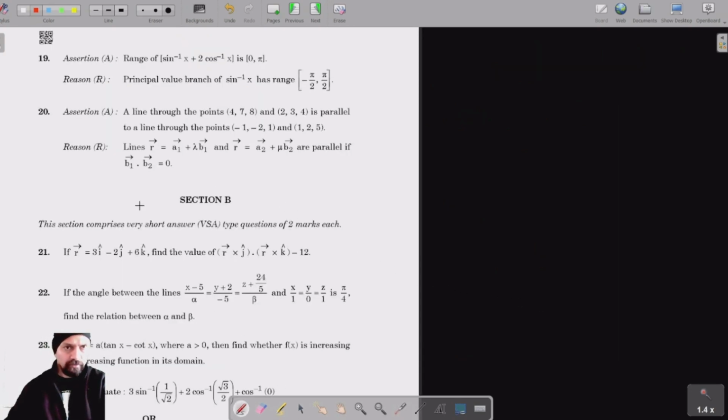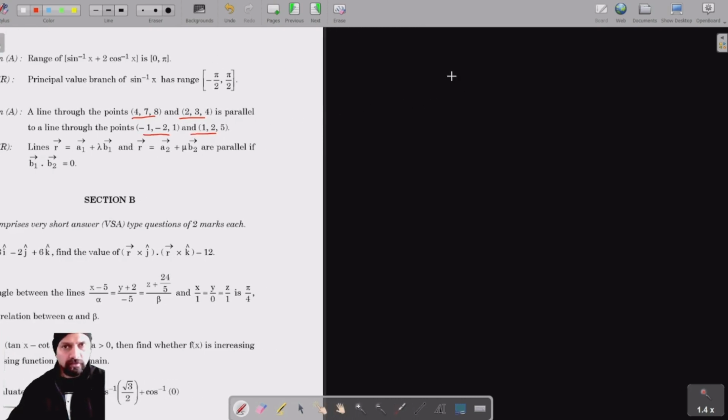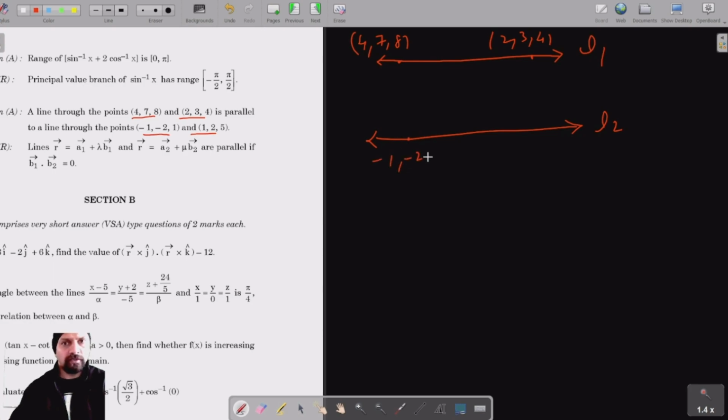For question number 20, it's given that a line through the points (4, 7, 8) and (2, 3, 4) is parallel to a line through the points (-1, -2, 1) and (1, 2, 5). The first one is line L1 and the second is line L2.